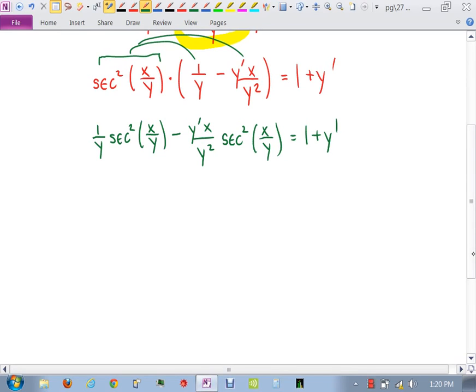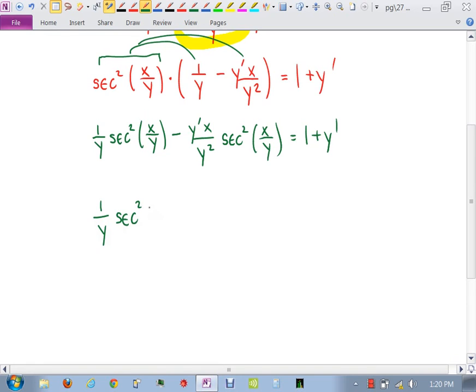So all I did was distribute the secant squared through. Now I'm going to move all my y primes to one side and everything that doesn't have a y prime to the other. I'm actually going to move the y primes to the right because I have a minus on that y prime there, so when I move it to the right, it'll become a plus. That's just my preference. It wouldn't be wrong to go the other way.